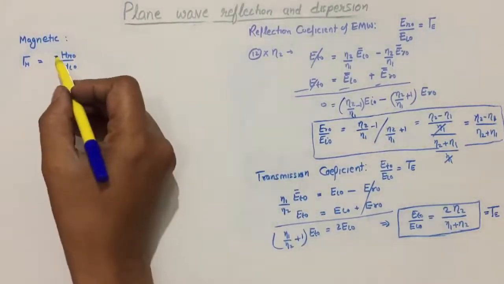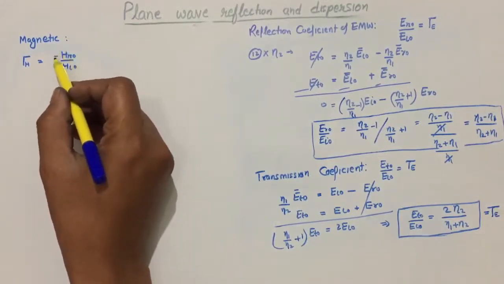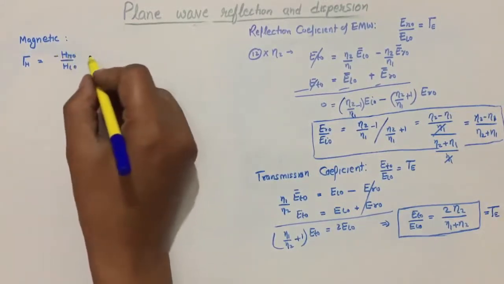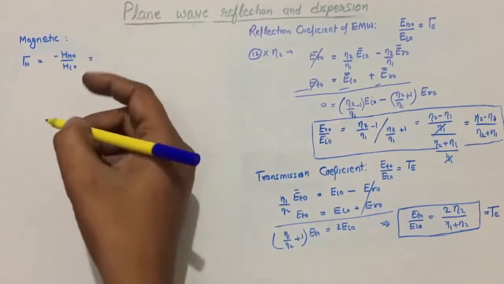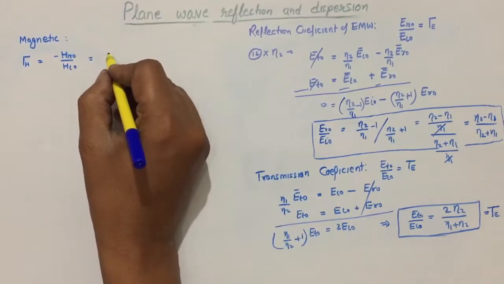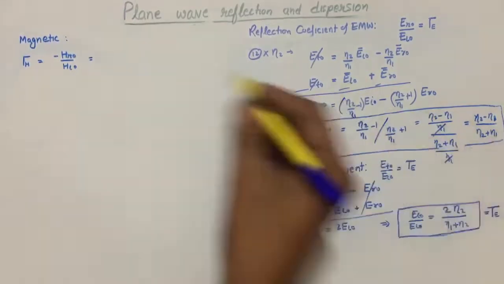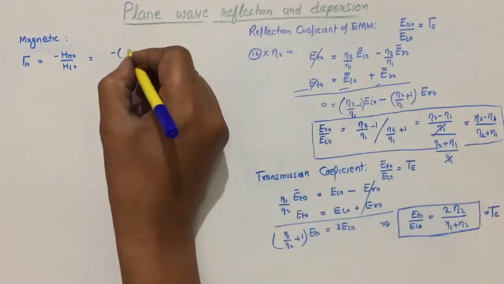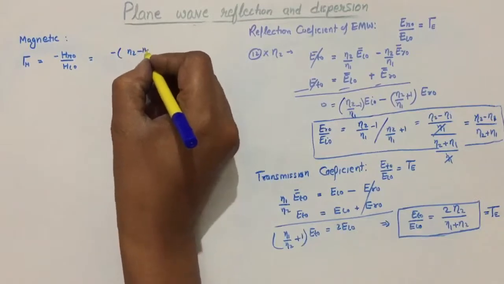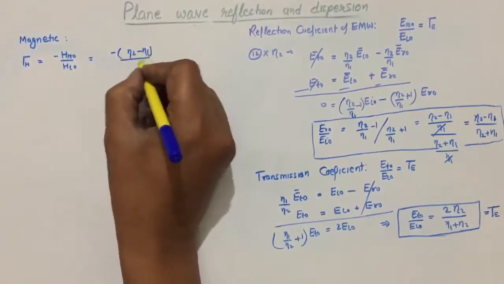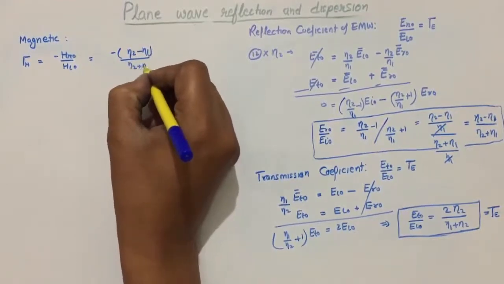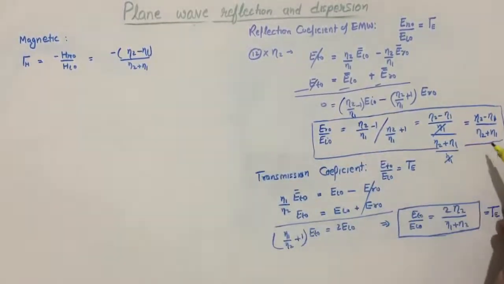However, the direction of H is opposite to E, so a minus sign is placed here, and the ratio of these two will be the same as it was in the case of the electric field. So it will be minus times minus (eta 2 minus eta 1) divided by (eta 2 plus eta 1), as we have done here.